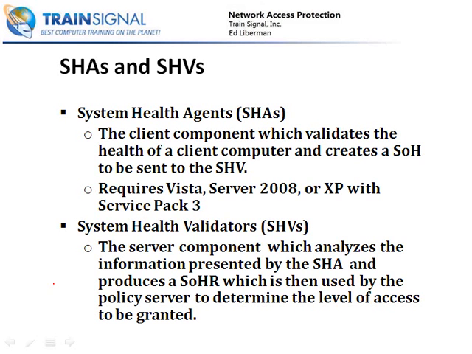And then it creates, and you're going to love this, you look at a statement like this, it says the SHA creates the SOH and sends it to the SHV. That's enough to make your head spin. Well, to put this in a little bit more plain English, it creates a statement of health. That's what the SOH is. And that's that statement of health that then gets sent to the SHV, which is the System Health Validator, which we're going to talk about in just a moment.